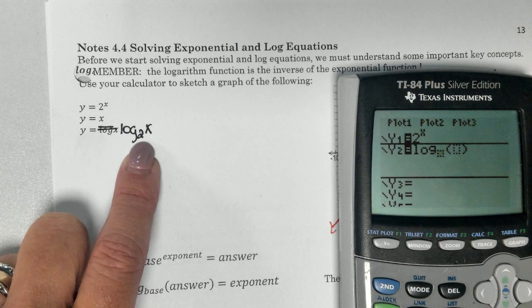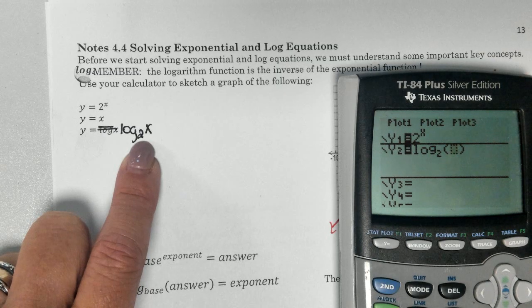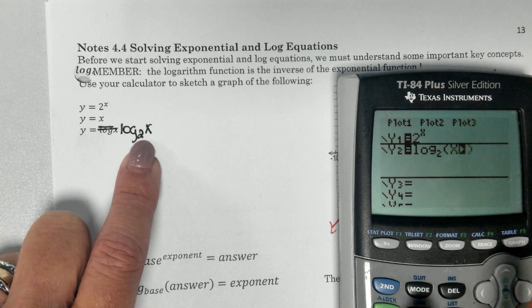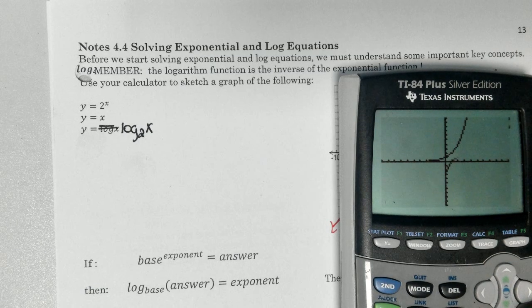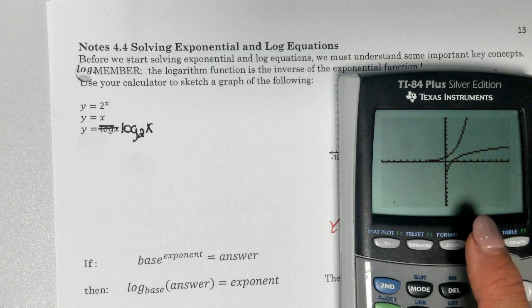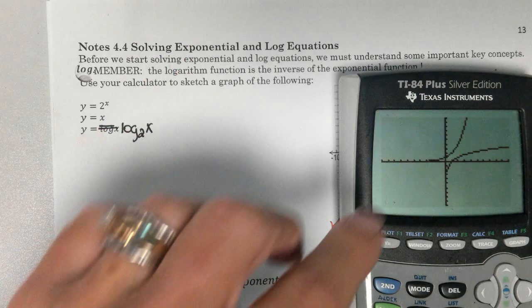And then we can change that to a base of 2 and then type x into our parenthesis. All right, and then graph, and you can see that it is a direct reflection of our exponential.